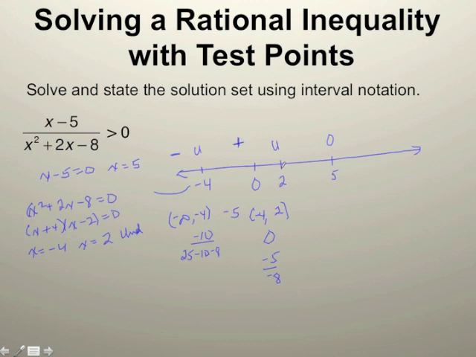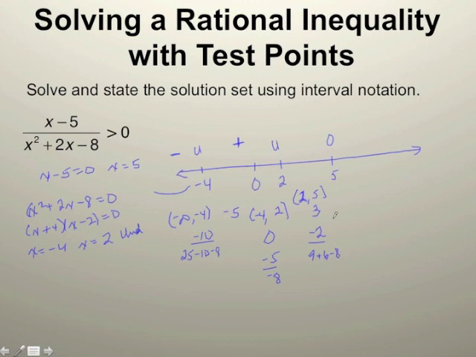Then we need something between 2 and 5. So let's use 3. So 3 minus 5 will have negative 2 over 9 plus 6 minus 8.